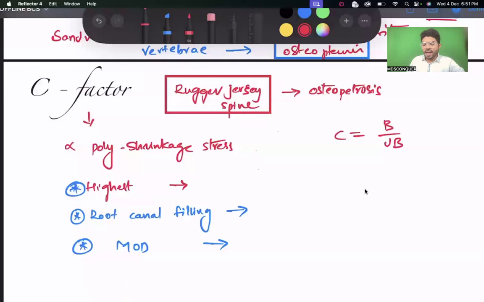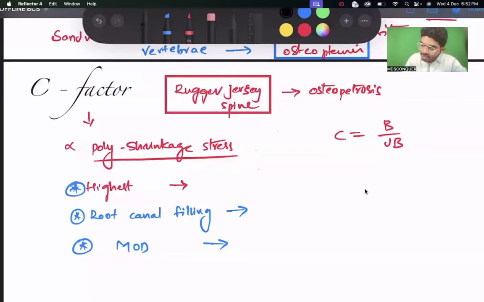As C factor increases, your polymerization shrinkage stress will increase, because polymerization shrinkage stress is directly proportional to the C factor. C factor is highest for, yes, class 1 and class 5.